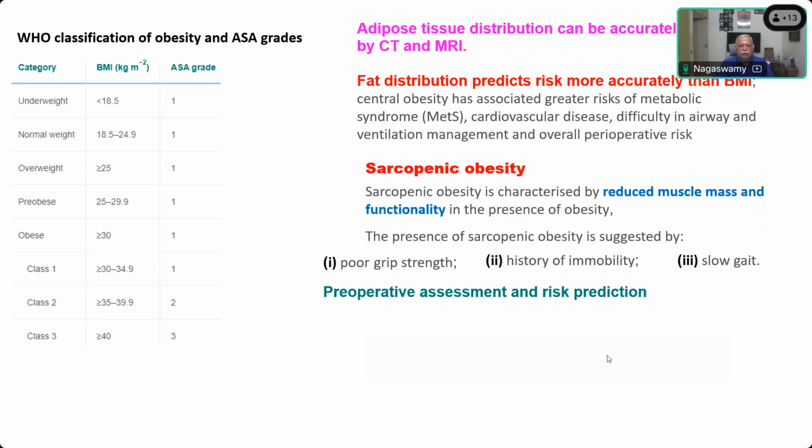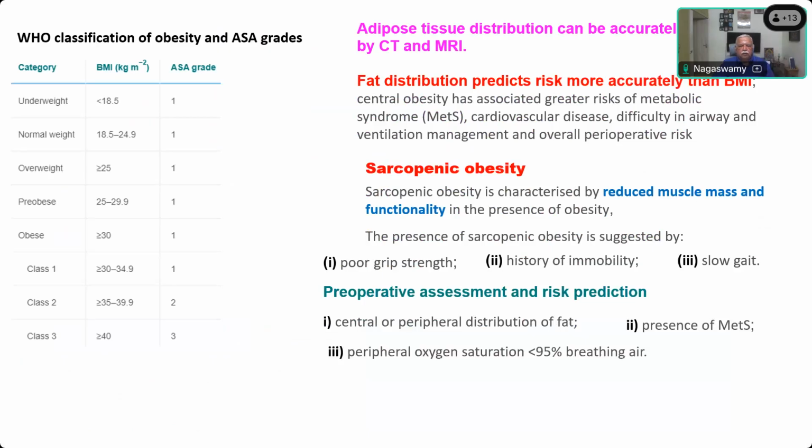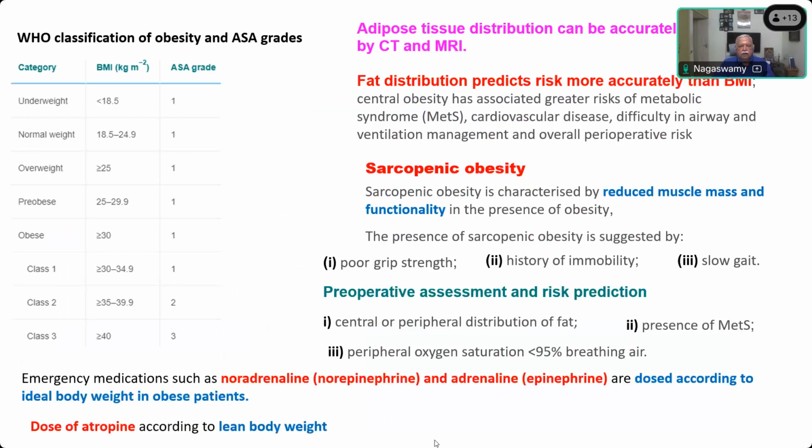And preoperative assessment and risk prediction: central peripheral distribution of fat, presence of metabolic syndrome, peripheral oxygen saturation less than 95 breathing air. That all signifies that the patient has a little higher risk.